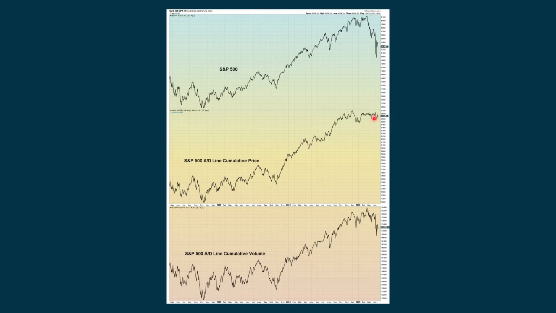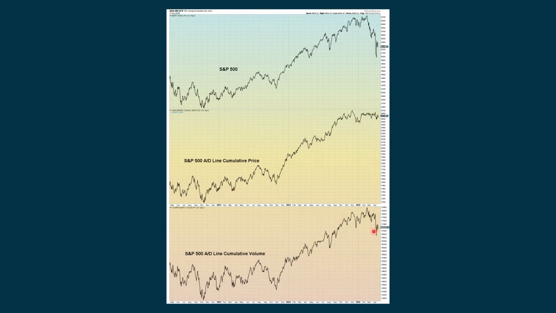Now, some of that could be rotation. At this point, there are times when we're seeing money coming out of the market where people are just selling stocks and going to cash. This overall has been just chopping sideways as it's going from growth areas of the market into value areas of the market. We're seeing a little bit more weakness here with the cumulative advanced decline line based on volume.